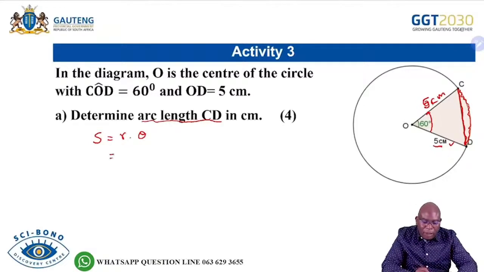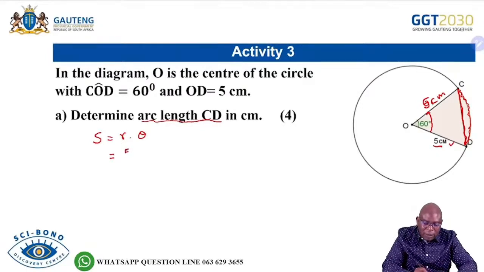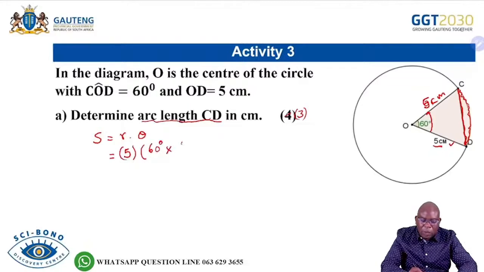Then I have my R. My radius is given there, it's 5 centimeters. That question should be 3 marks, sorry. Now I need to change my 60 degrees to radians, which is pi over 180 degrees.